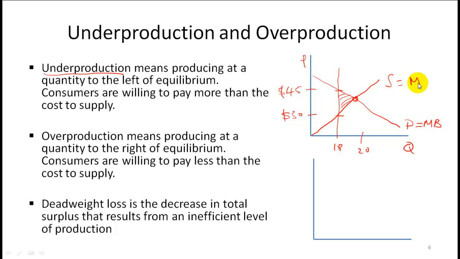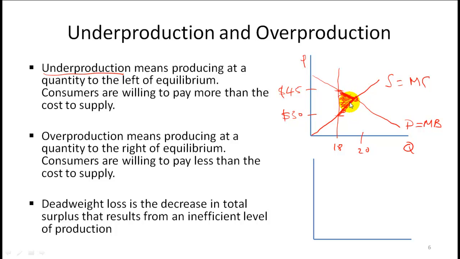So in this region, the benefit to society would still have been more than the cost to society, and we are losing out on this region. So this region is called the deadweight loss, and deadweight loss is a measure of inefficiency. The more this area, or the more the deadweight loss, the more inefficient your situation is. So this is one example of inefficiency due to underproduction.